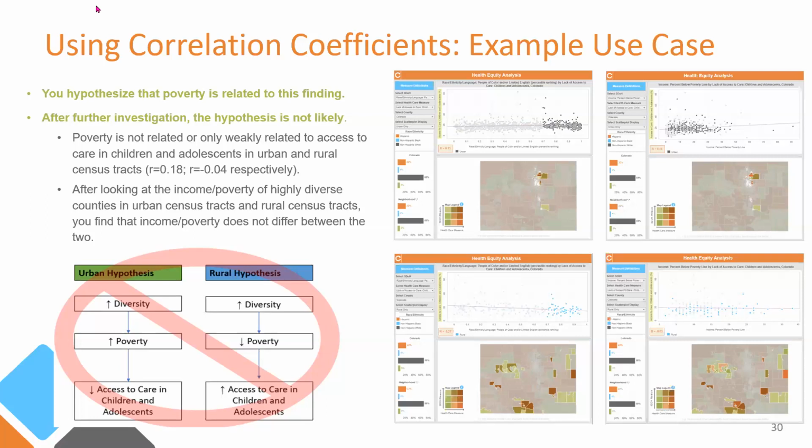And then you do the same thing on the bottom for rural census tracts, and you see that that distribution is pretty much the same, and there's no real difference between highly diverse urban census tracts and highly diverse rural census tracts. So just by looking at the dashboard, you're able to figure out that this hypothesis is not very likely.